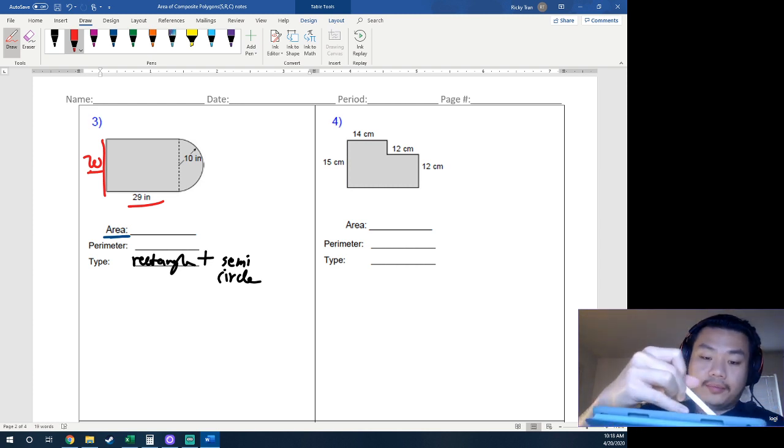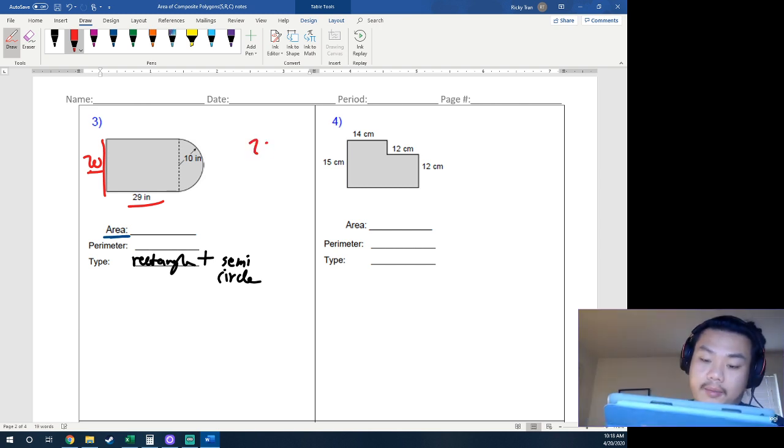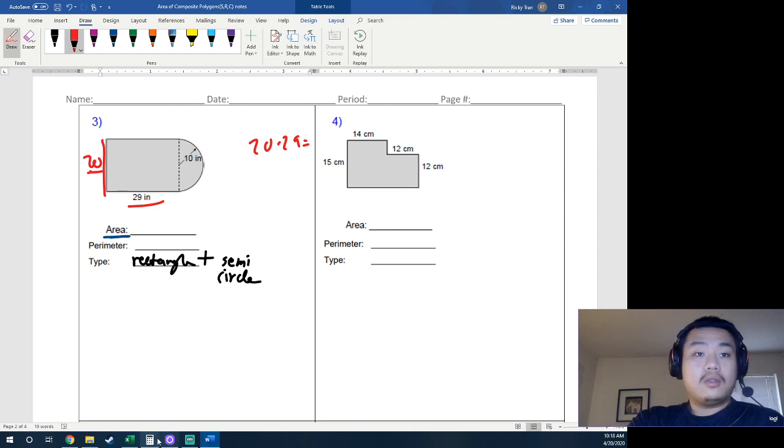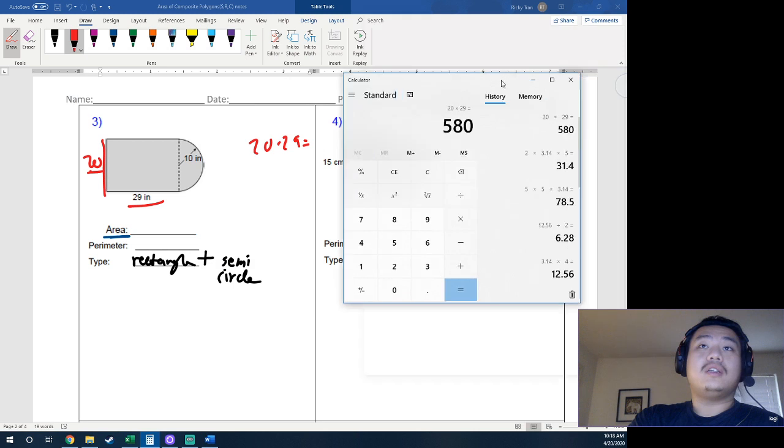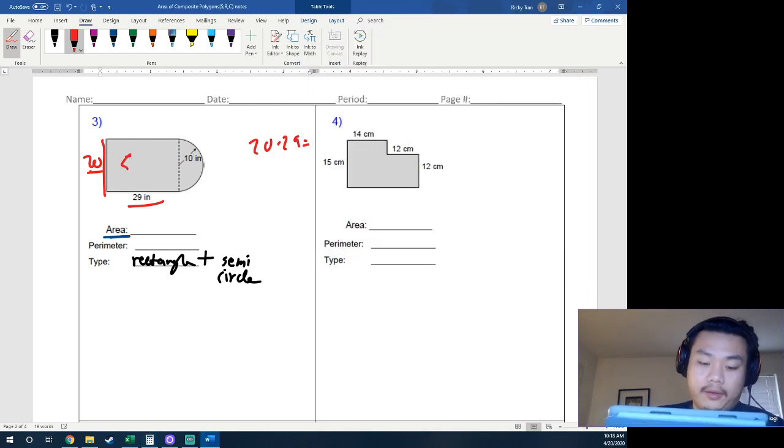Let's see. So 20 times 29, 580. So this is 580. And then we have this here, which is going to be pi r squared.